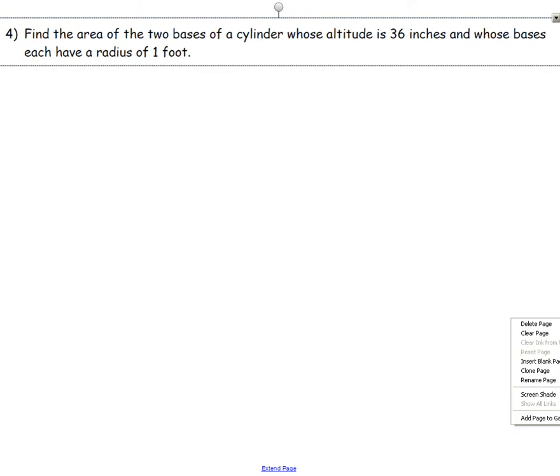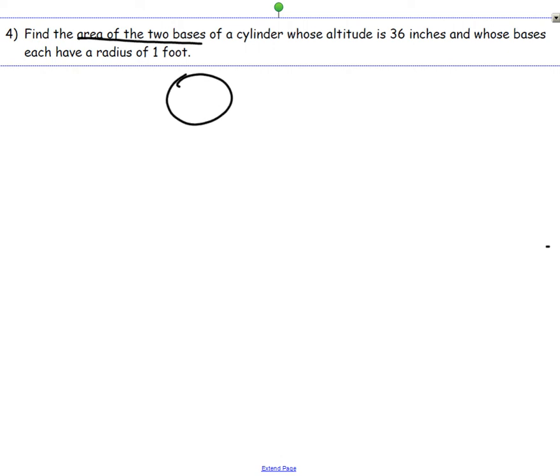Find the area of 2 bases of a cylinder whose height is 36 and bases have a radius of 1 foot. If all it says is the area of the bases, does it even really matter that's a cylinder? The only thing we need to know about the cylinder is that the base would be a circle. So really you're just finding area of how many circles? 2.